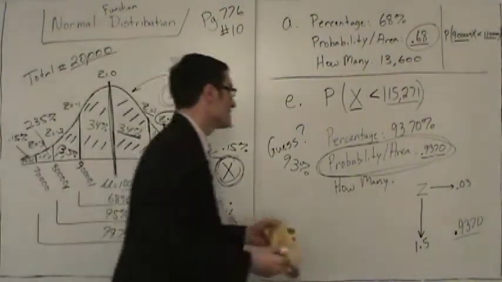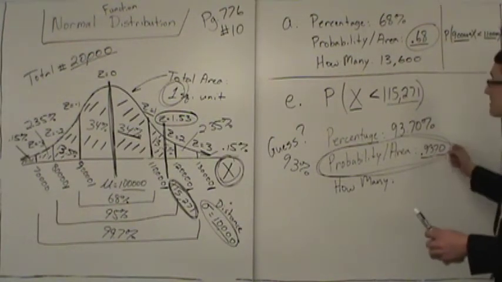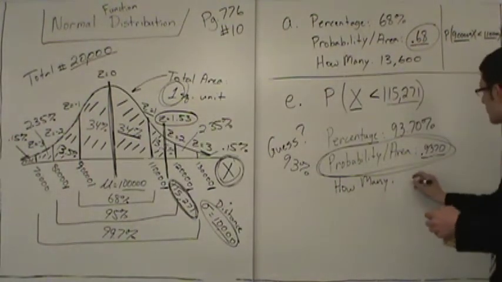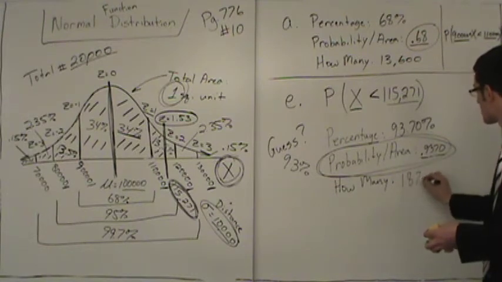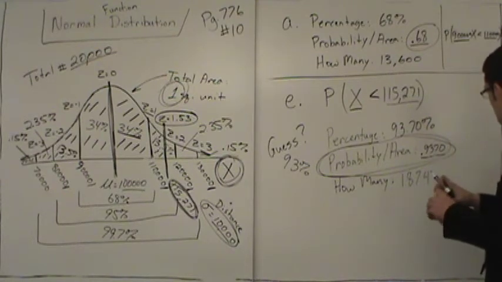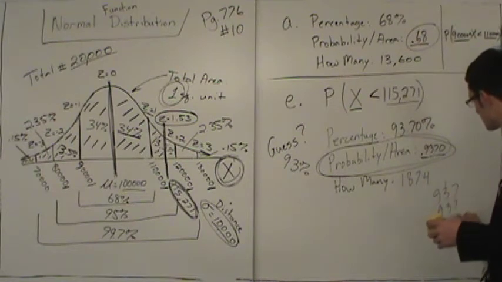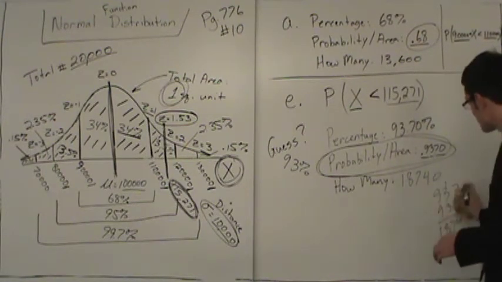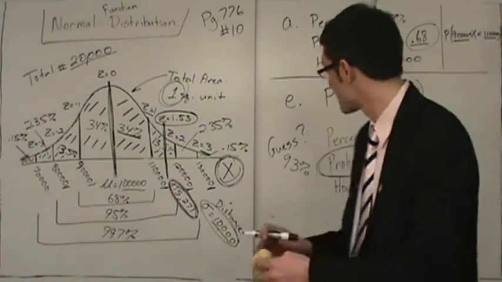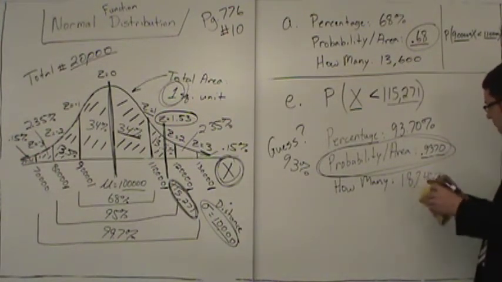And now to find how many, we take our probability, which is 0.9370, and multiply by the total number. So take 0.9370, multiply by 20,000, and you get 18,740.